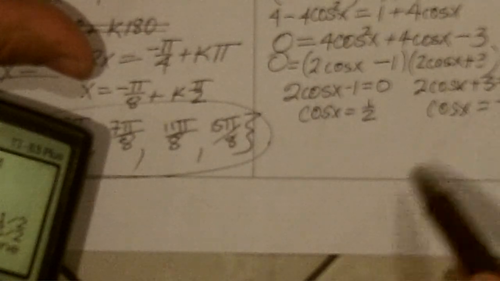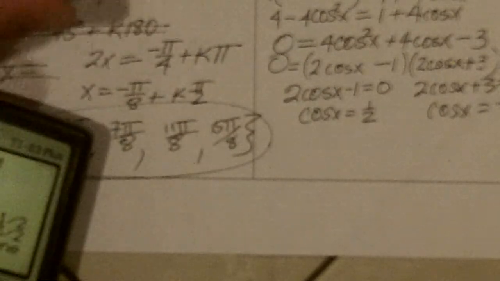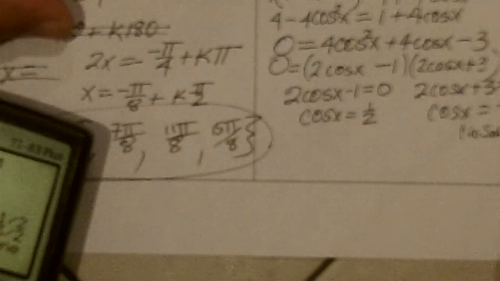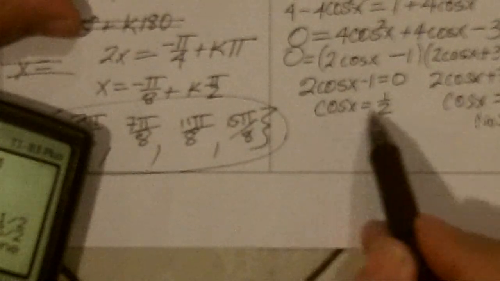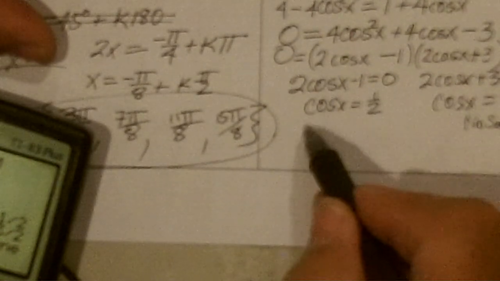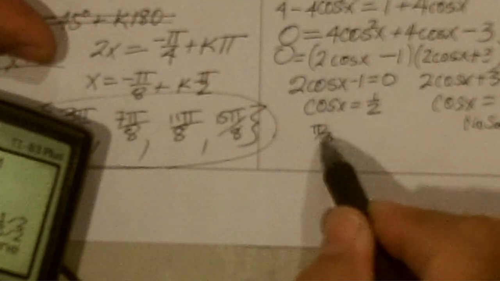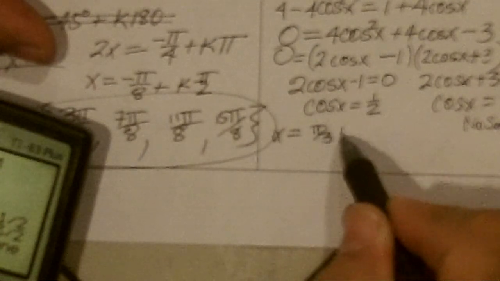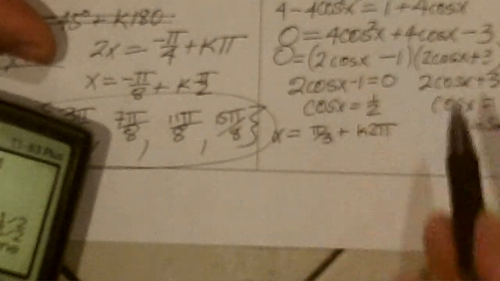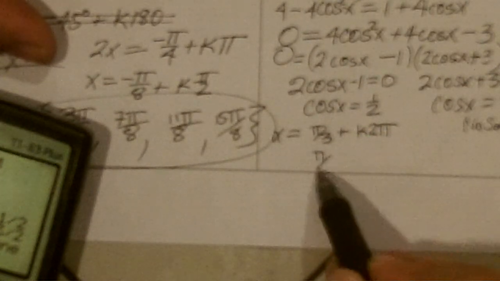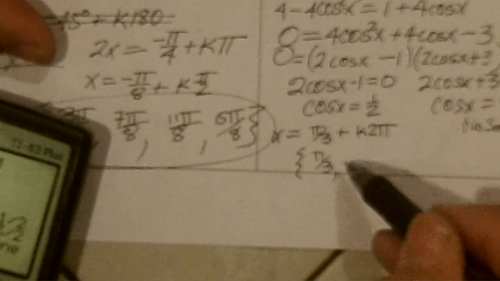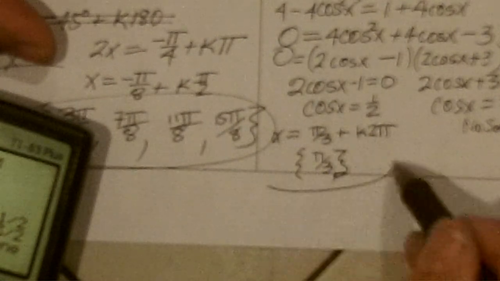Cosine is never below minus 1, so there are no solutions out of this part. So we go for cosine is 1/2, and that is at pi over 3 plus k 2 pi. But if we're going to do it between 0 and 2 pi, pi over 3 is one answer. If we add 2 pi, it's beyond 2 pi, so that is the only answer for this.